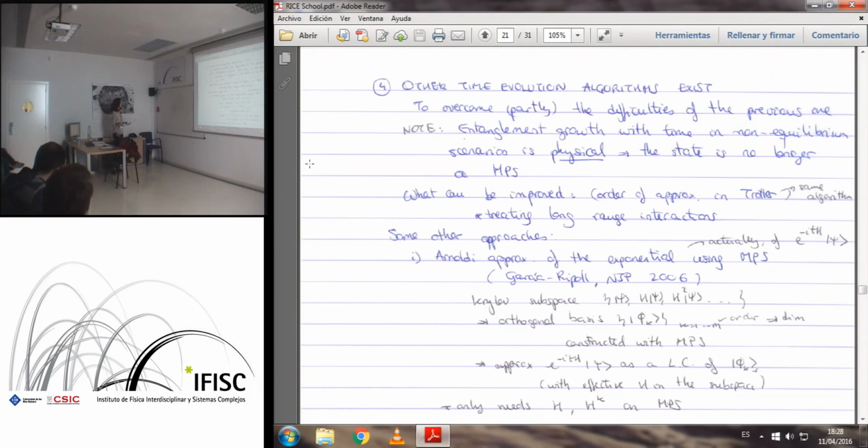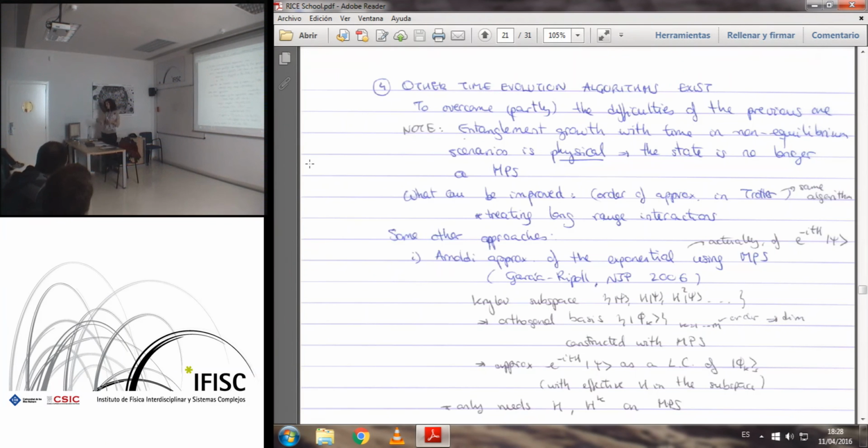Well, there are other algorithms that use more the structure of the Hamiltonian itself as an MPO, and some of them were explored by Juanjo García-Ripoll in 2006, and one of the most successful ones, which is used often, I would say, is this Arnoldi approximation of the exponential, which means at the end, the idea is just to approximate the exponential in a different way.